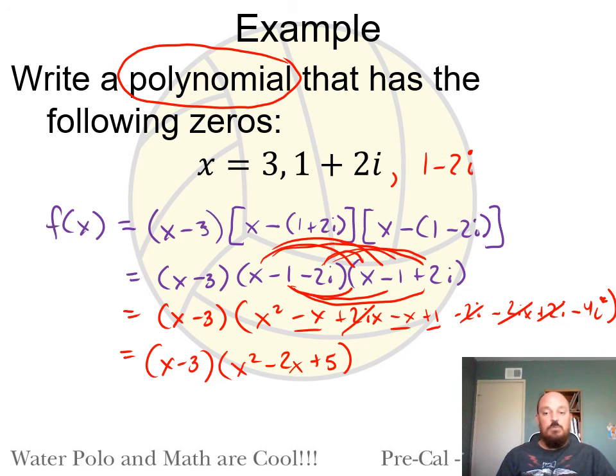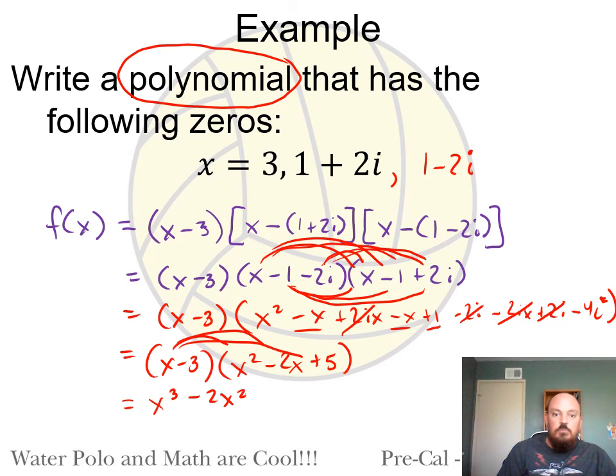And now we can finish multiplying, and this part should be easier because there's no more i's in it. So if I multiply it all out one more time, I get x to the third minus 2x squared plus 5x, and I get minus 3x squared plus 6x and minus 15.